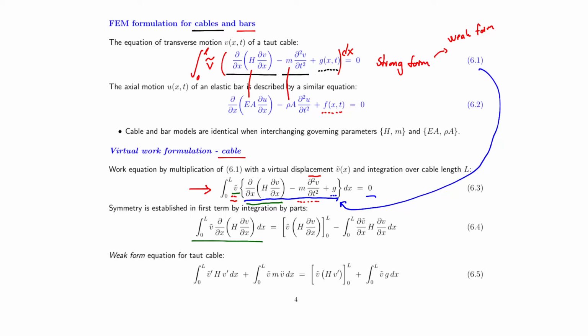So what we do is, if we integrate by parts, we take one of the derivatives on the second factor, that will be the d dx in front of the parenthesis, and integration by parts will simply move that to the first factor, in this case the test function. Thereby we have symmetry in the order of differentiation between v tilde, our test function, and the actual displacement v.